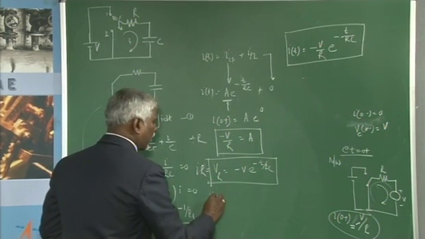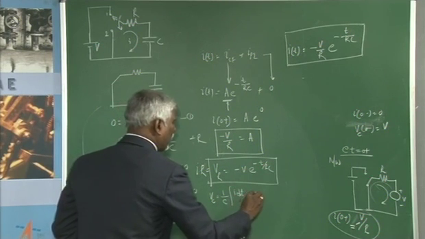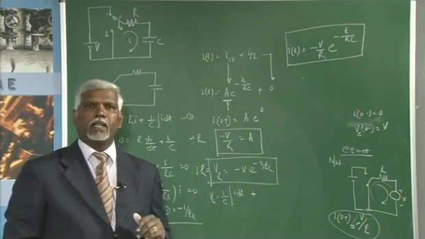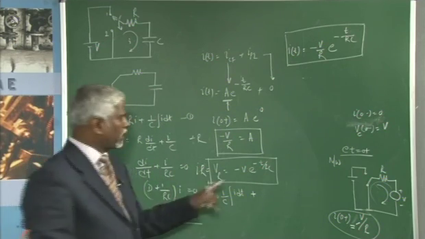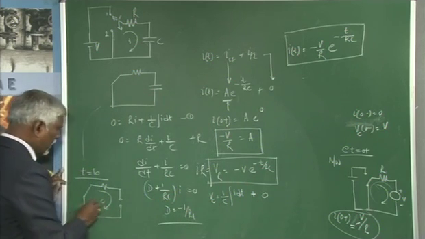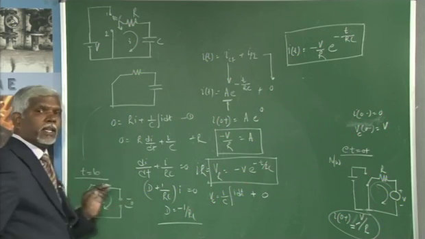What about VC? It is 1 by C integral I dt plus the integral constant. What will be the integral constant in this case? The integral constant will be 0, because there is no forcing function, it is connected to a short, and the final voltage across the capacitor also will be 0.